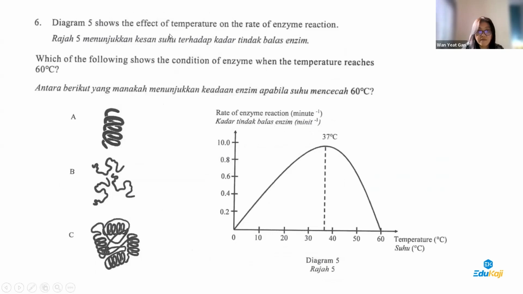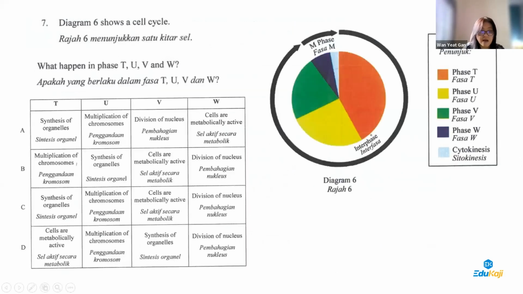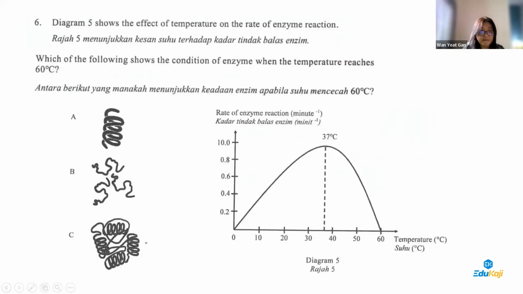Diagram 5 shows the effect of temperature on the rate of enzyme reaction. Which of the following shows the condition of enzyme when the temperature reaches 60 degrees Celsius? So when the temperature reaches 60 degrees Celsius, the enzyme has denatured. The meaning of denatured is the enzyme breaks up and is no longer in its three-dimensional shape.